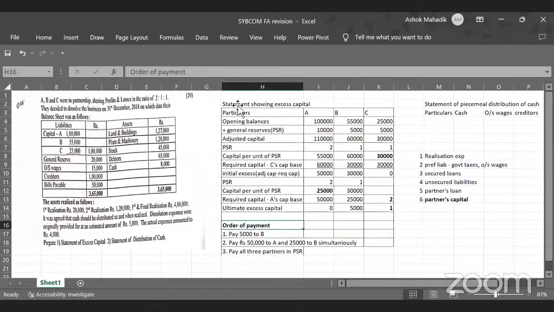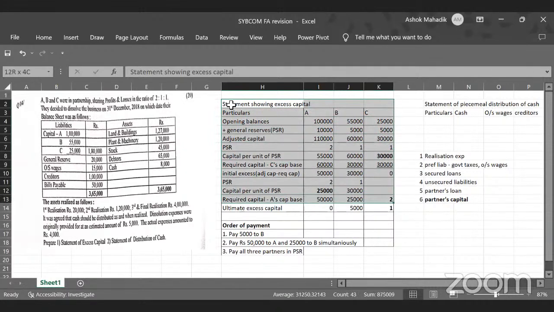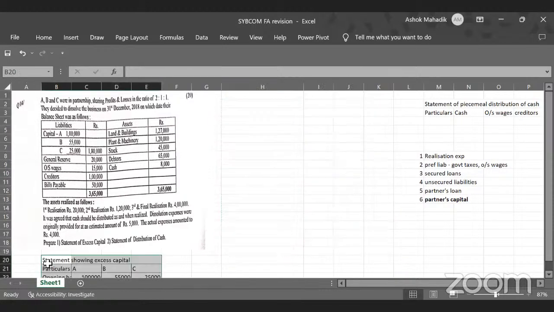I will shift this working note below because I'll write the main answer here now.